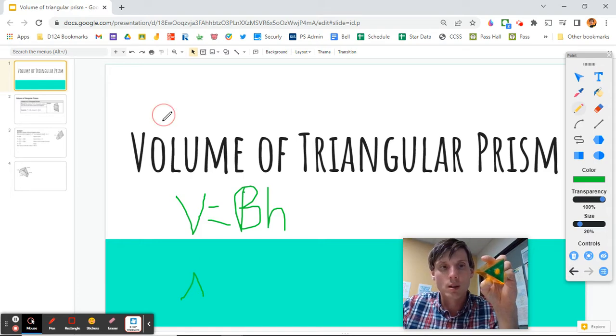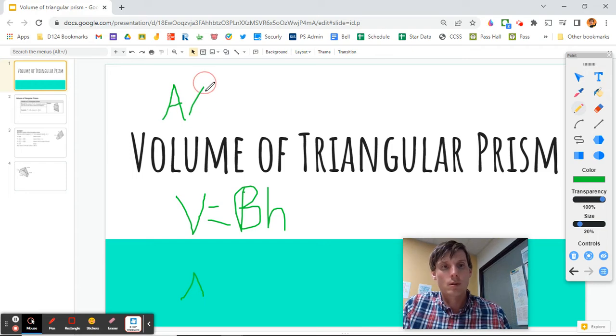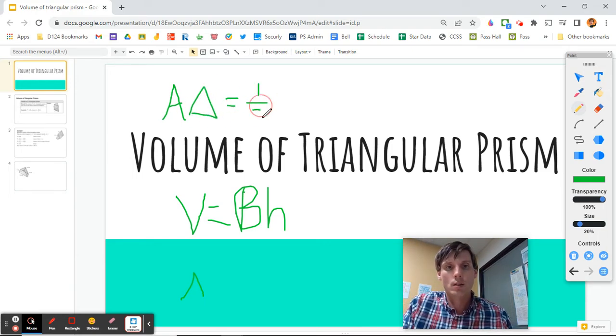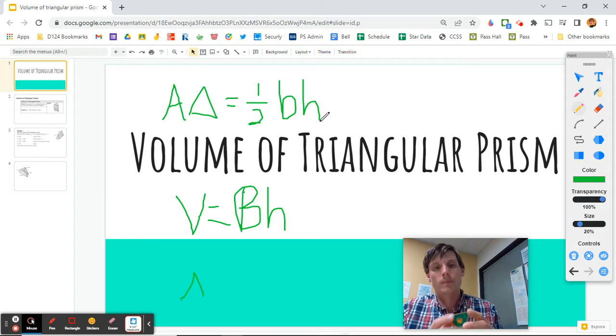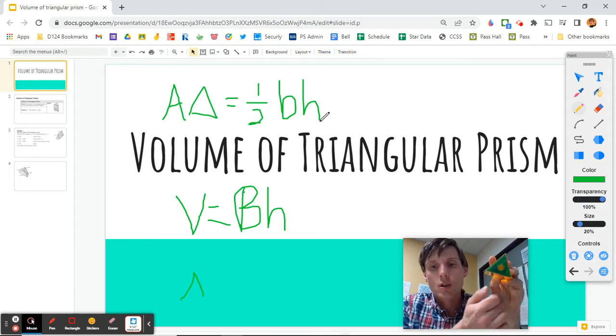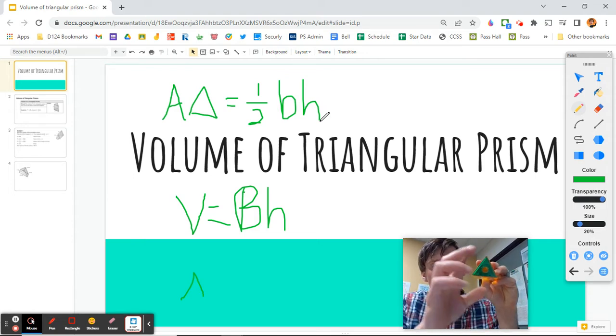I'm going to write it up here actually. The area of the triangle equals 1/2 little b, base, times height h. 1/2 bh.